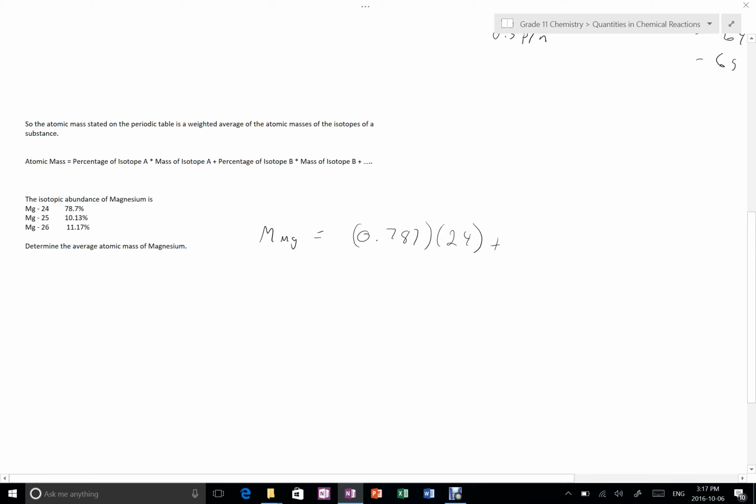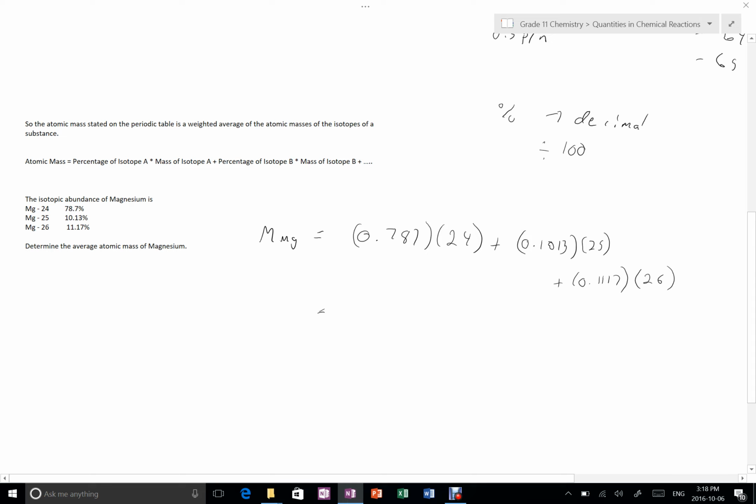Plus 10.13%, 0.1013 converted into a decimal, times my 25, plus 0.1117 times 26. Remember to go from a percent to a decimal, in case you forget this. Can't imagine, but just in case, we're going to divide by 100 here.